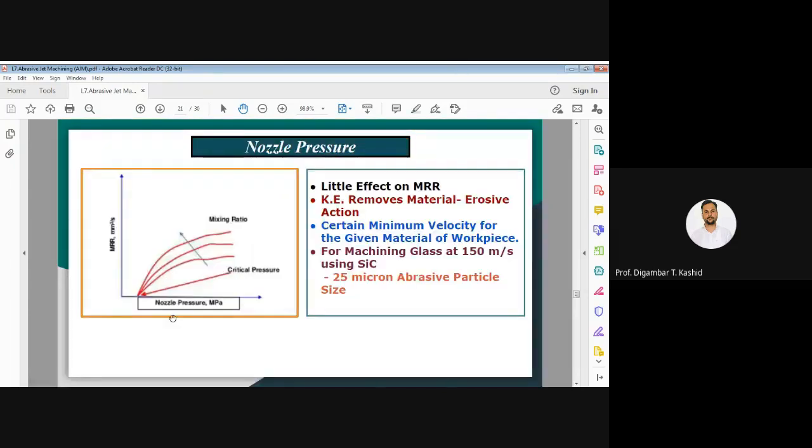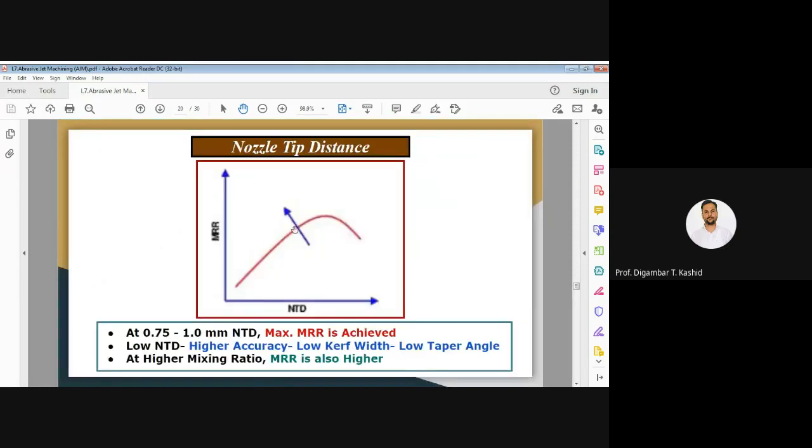You can see here, when your nozzle tip distance is very high, your material removal rate starts decreasing. At a very high nozzle tip distance, the velocity of the average jet particle, as I have already mentioned, keeps on decreasing because of the losses in the air.